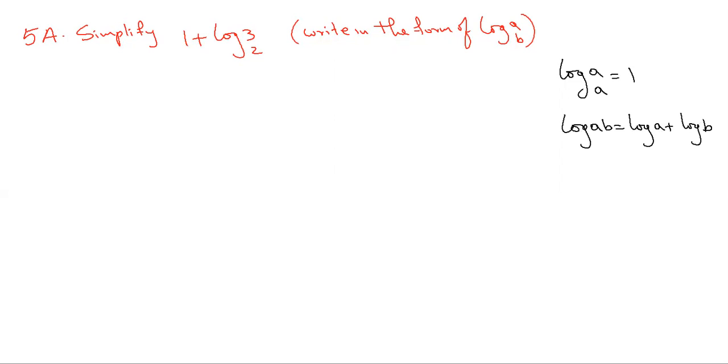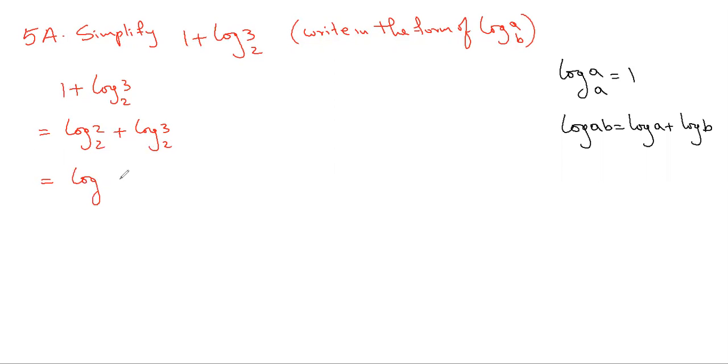But how we'll use those formulas? So 1 can be written as log 2 base 2. I'll just write the expression also, for better understanding. So the given is 1 plus log 3 base 2, and that 1 can be written as log 2 base 2. 1 can be written as log 100 base 100 also, but we are writing log 2 base 2 because the second expression is with base 2.